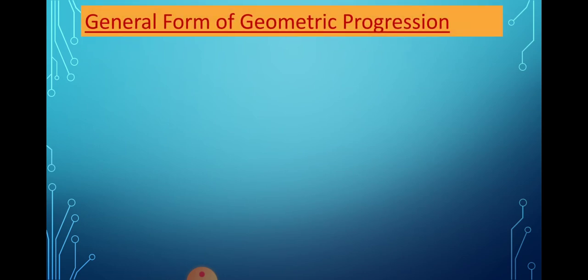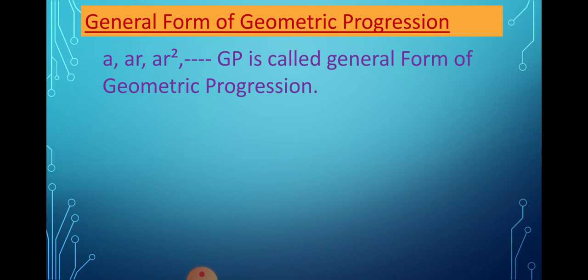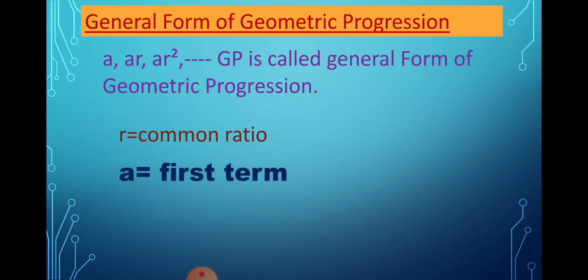The general form of geometric progression is a, ar, ar square and so on. It is called the general form of geometric progression. In this, r equals the common ratio, a equals the first term.